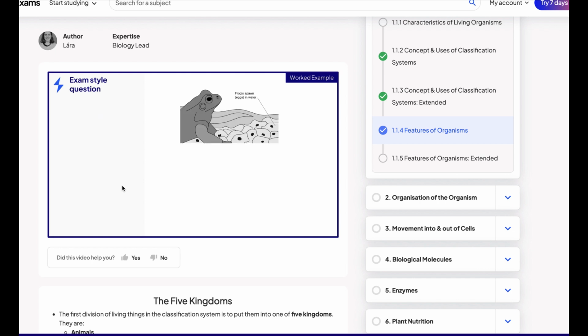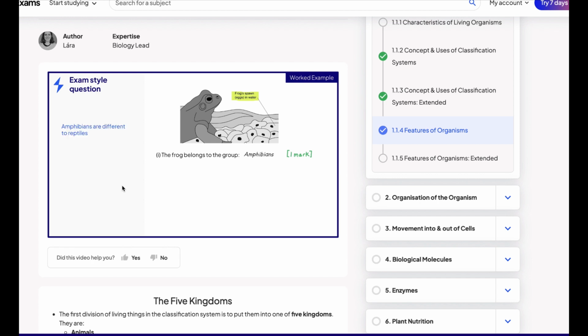So you may already know the answer to the first part of this question by your general knowledge, but if not, you can use the information provided. You can see that the frog is in water and surrounded by eggs, which are helpfully labelled. So we can therefore suggest that the group is amphibians, as these animals lay their eggs in water. Fish also lay their eggs in water, but we cannot see any gills or scales on the frog, so we can assume this is an amphibian.